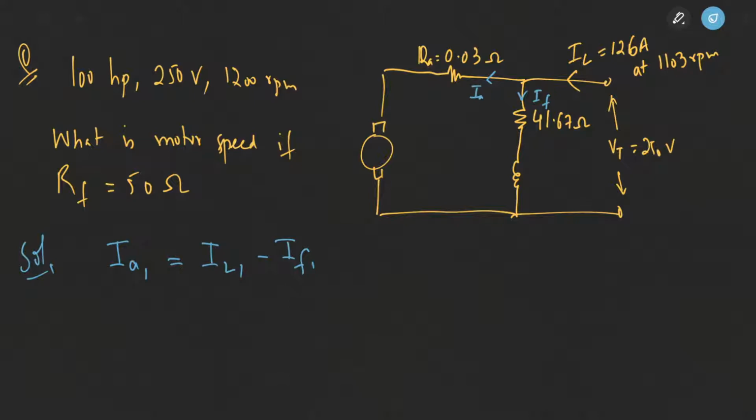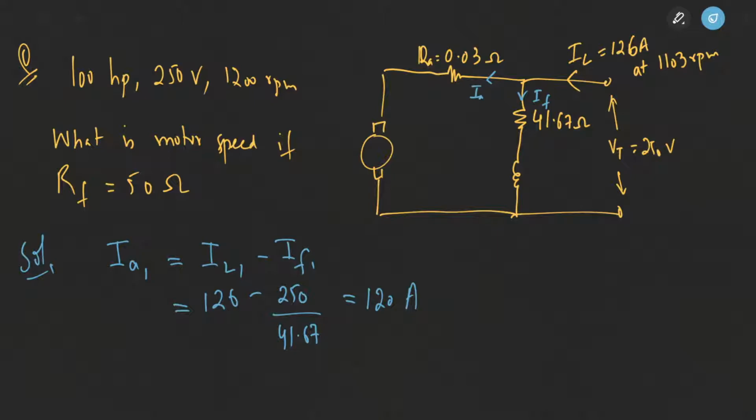IL1 is the initial line current, 126 amperes, minus IF1. The field current will be equal to VT divided by RF, which is 250 divided by 41.67 ohms. This comes out to be 6 amperes, so IA1 is 120 amperes.